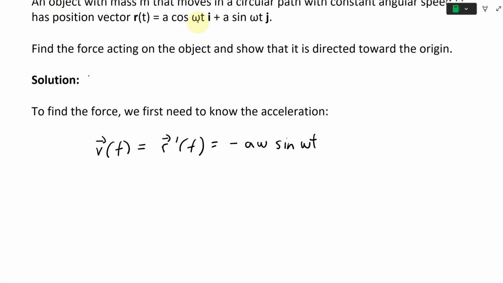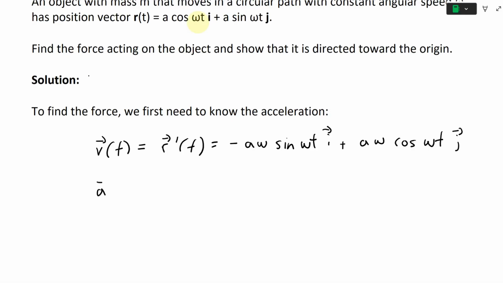And this is the i component, the i vector. Now the next part: the derivative of a sine omega t is just a omega times positive cosine omega t, and then the j vector.